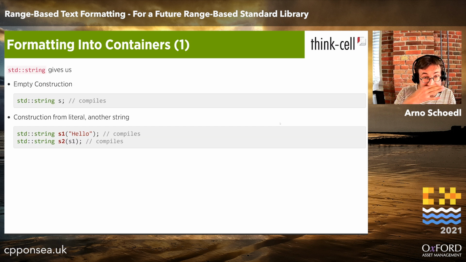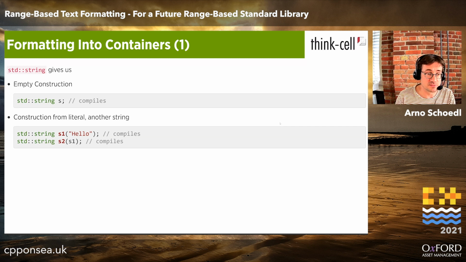Now, eventually, after we construct these ranges, they will probably have to end up in some sort of container, so we can actually pass them, say, to the operating system for printing. And how would we want to do that? How should this look? Well, std string already gives us empty construction, right?